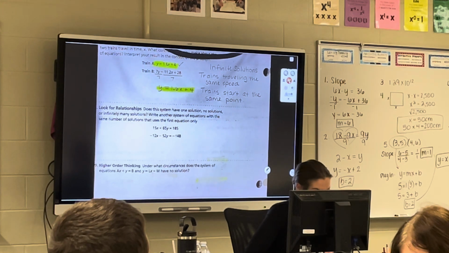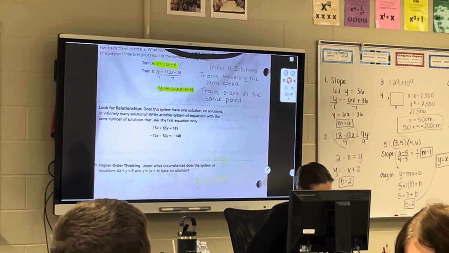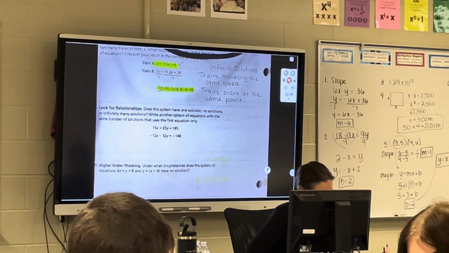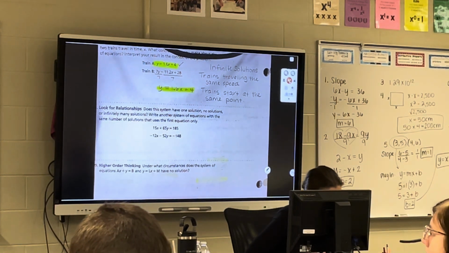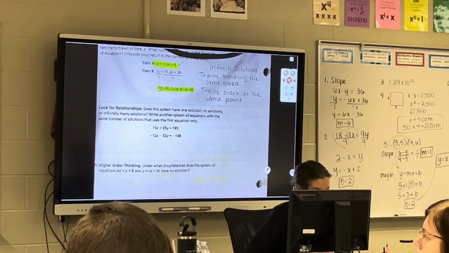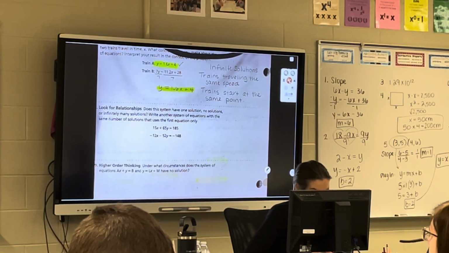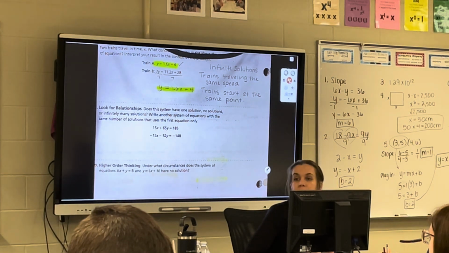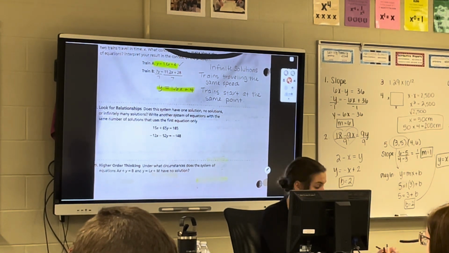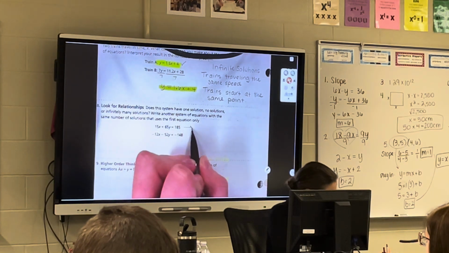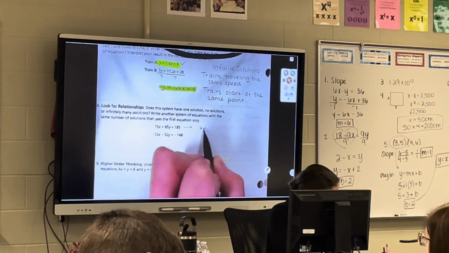All right, number 8. Does the system have one solution, no solutions, or infinite solutions? And then we're going to write another system that's going to have the same number of solutions using the first equation. All right, Mackenzie, working with that first equation, what will I do first? Subtract 15x to the other side. Okay.